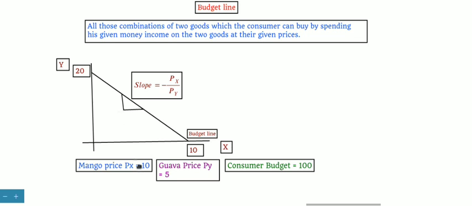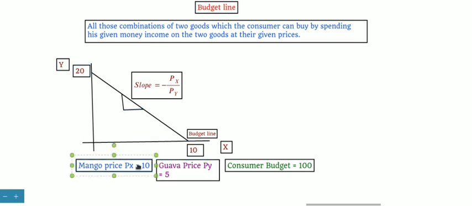In between, the mango quantities can be reduced and the guava quantities can be increased. So the combinations of these two goods the consumer can buy with his budget, with the given prices, is called the budget line, and the budget line is drawn for these two maximum points.